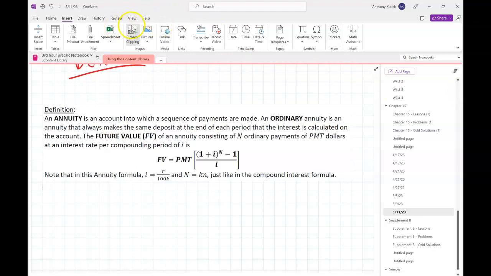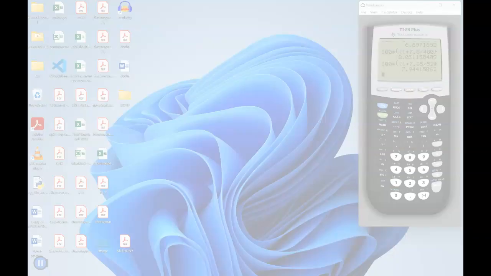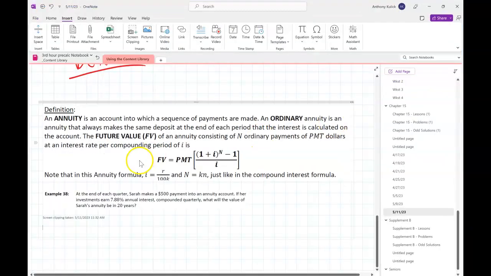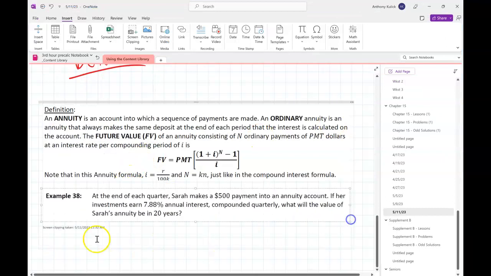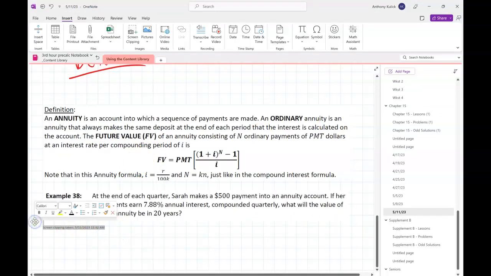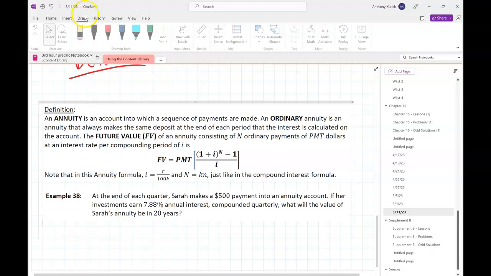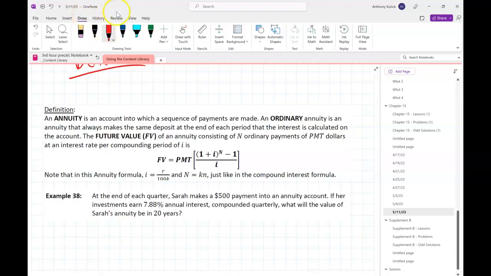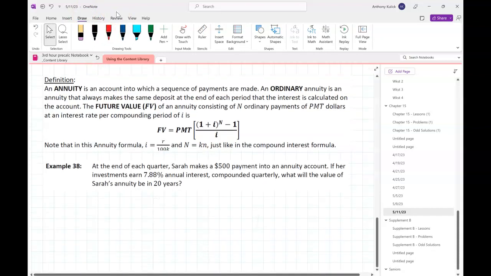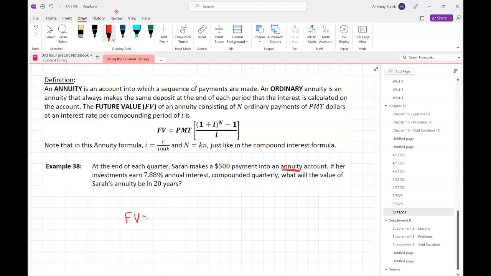So let's look at a couple of examples using this. At the end of each quarter, Sarah makes a $500 payment into an annuity account. So right there, we know that we're going to be using this annuity formula.